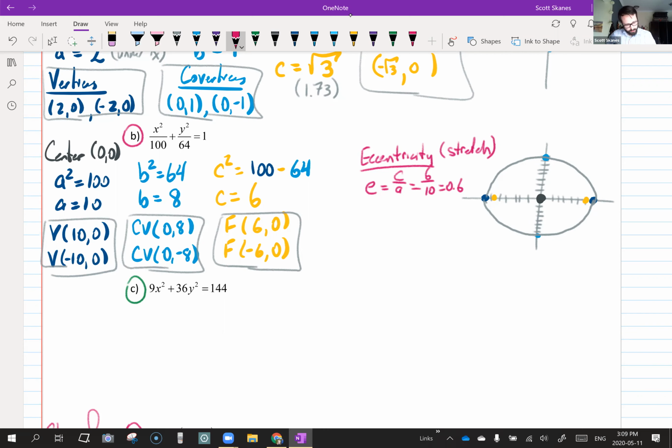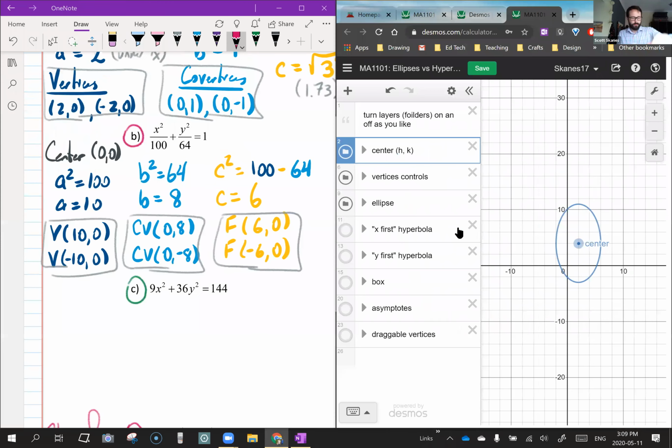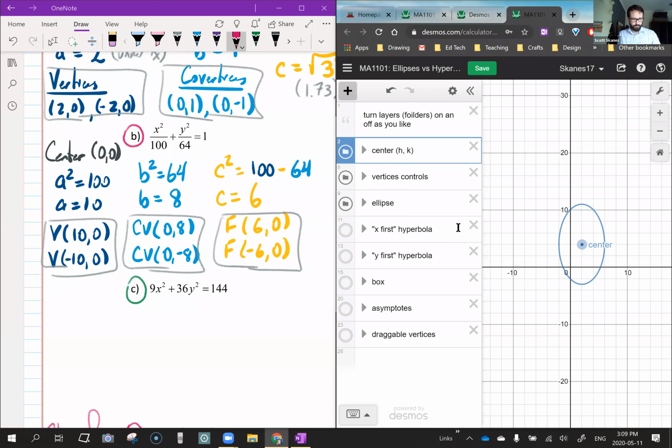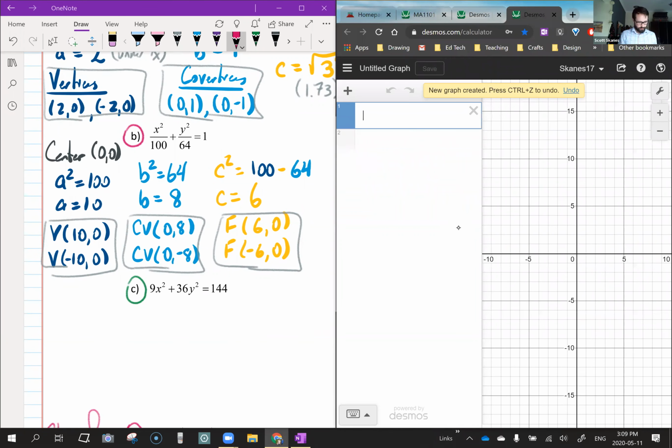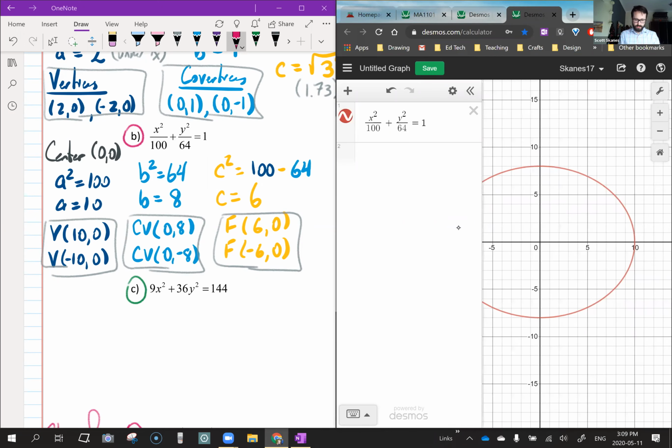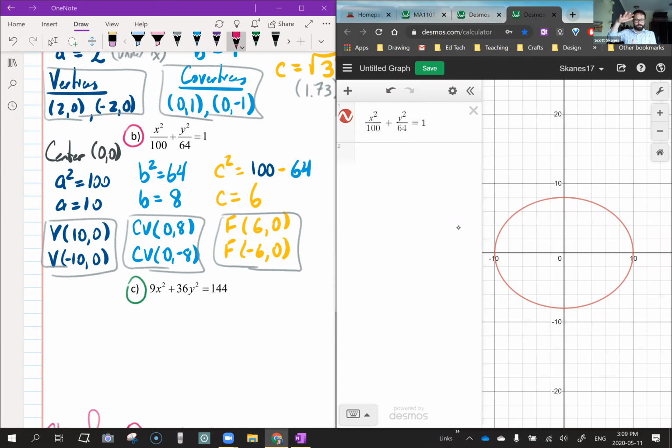So once again, I'll just quickly show you what this looks like. Make a new graph. If I was to graph this, x squared divided by 100 plus y squared divided by 64 equals 1. This is a circle, but it's 64% the size of a regular circle. You know, a regular circle would look like this. I'll just put the 100 on the other side.